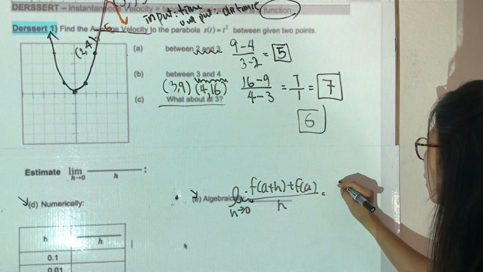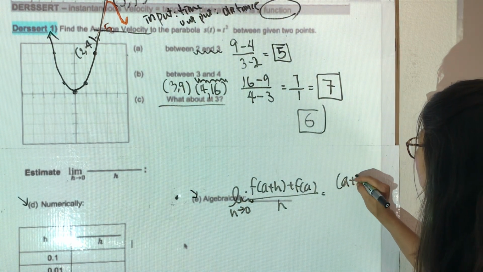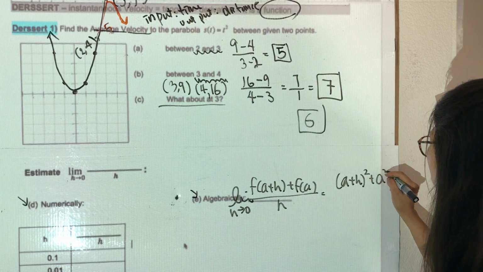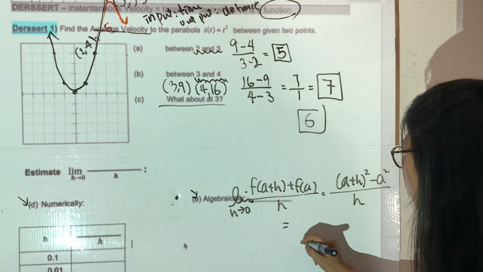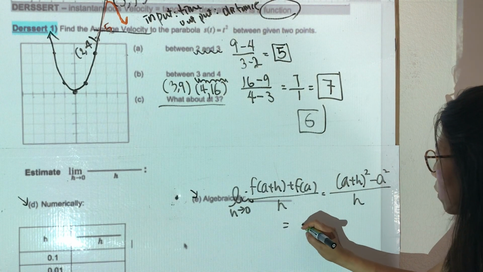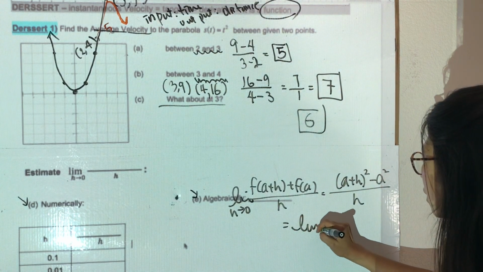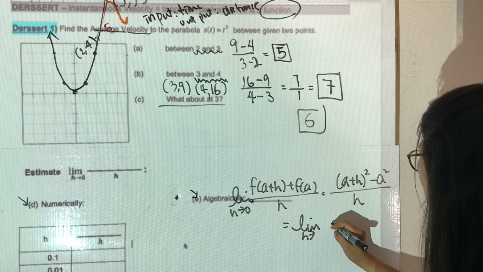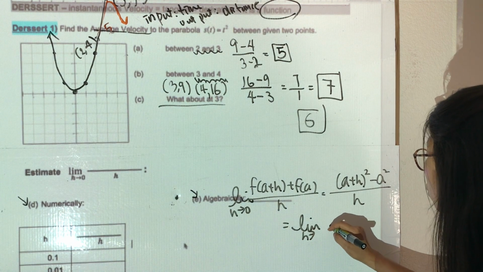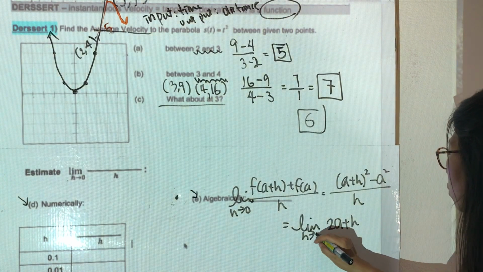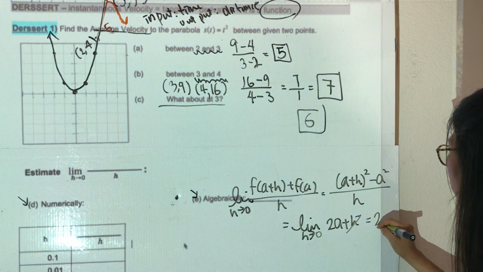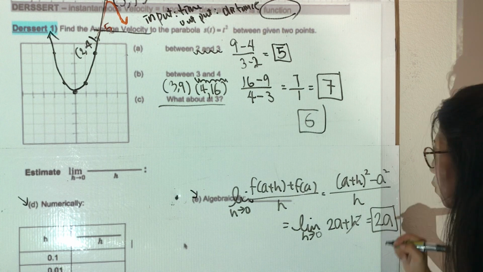So I get (a plus h) squared minus a squared over h, and I'm going to omit some work because I did that previously twice. So you see it becomes 2a plus h. That h goes to 0. I ended up with 2a as my formula.